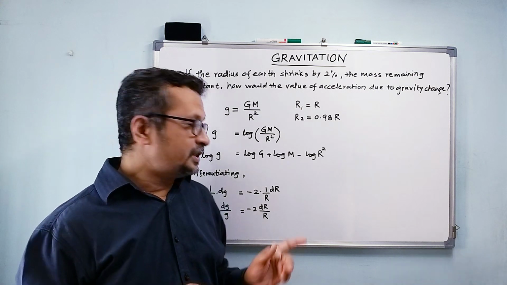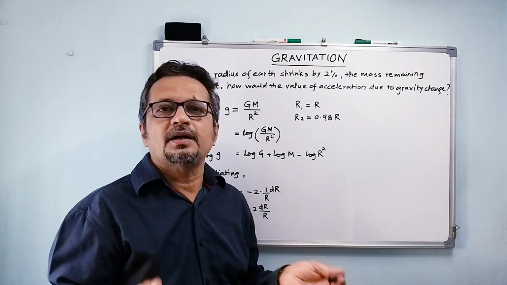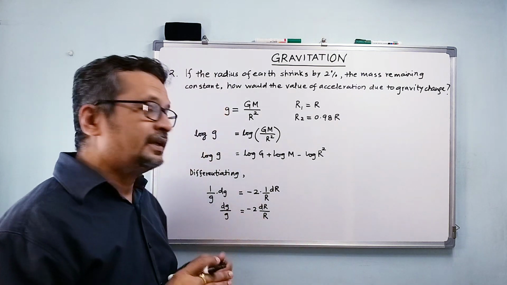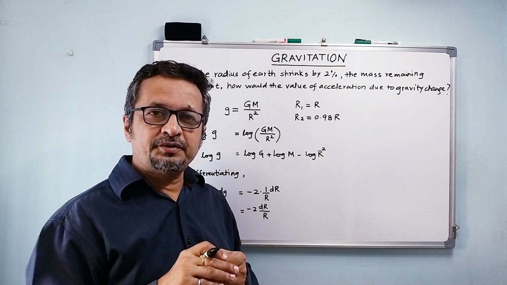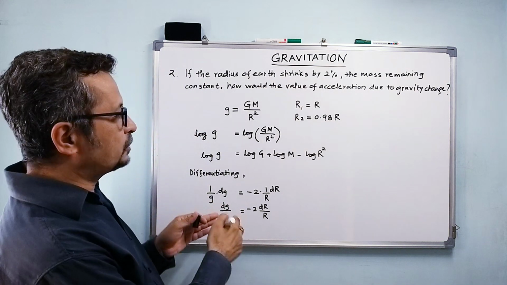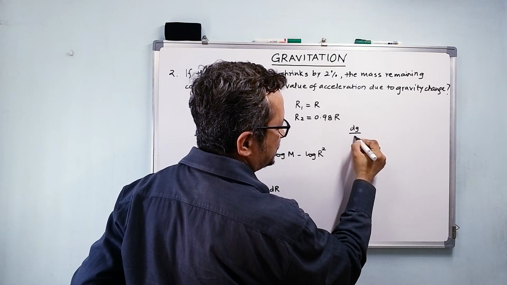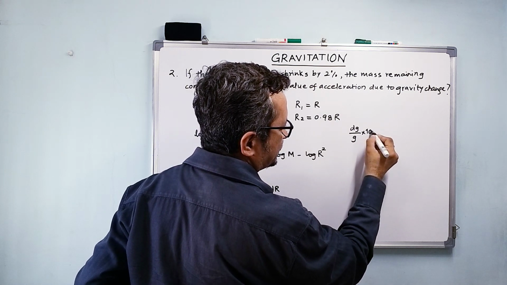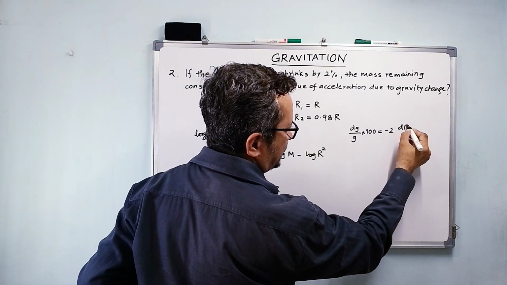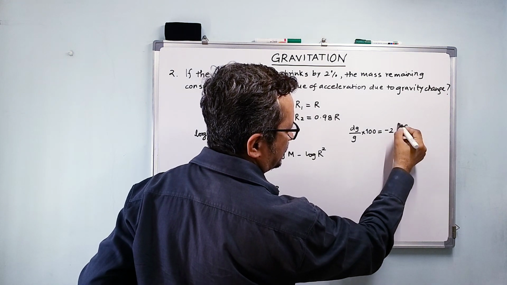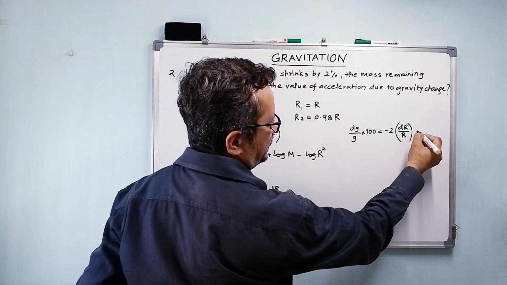Now what is dr upon r? Dr upon r is change in r upon r, so that is a fraction, and if you multiply by 100 on both the sides, that would be dg upon g into 100 is equal to minus 2 dr upon r into 100.